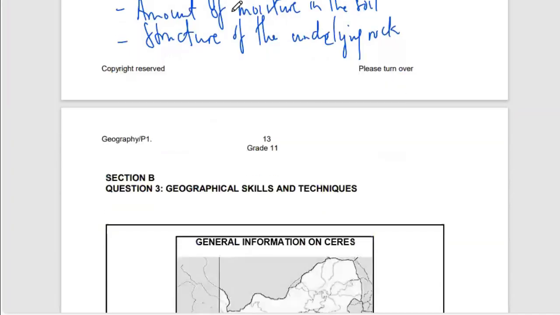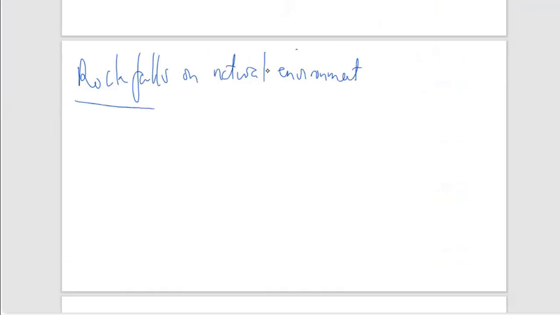How do rock falls impact on the natural environment? We look at aspects like damage to trees and natural vegetation.